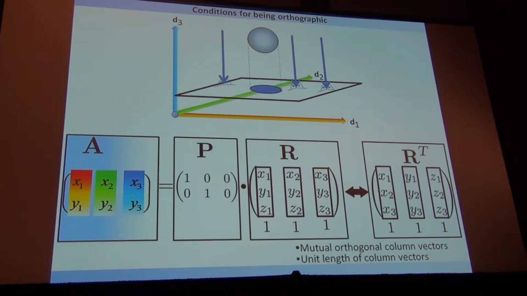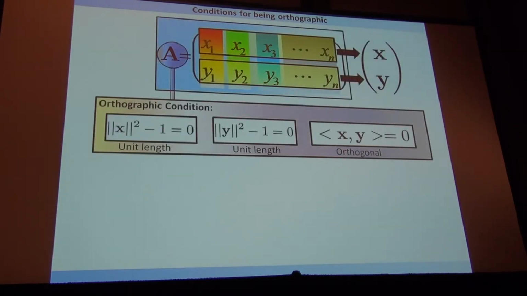The projection matrix P here causes a cutoff of the column vector in the rotation matrix R transpose, and also in the rotation matrix R. From the remaining row vectors x and y, the conditions required for the projection matrix A to be orthographic can be directly revealed, and are, mathematically speaking, that the Euclidean norm of the row vectors x and y minus 1, as well as the inner product of the row vectors x and y, need to be equal to 0.